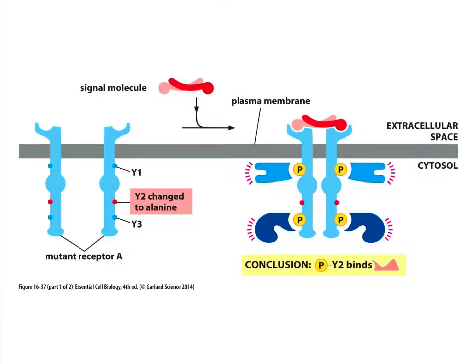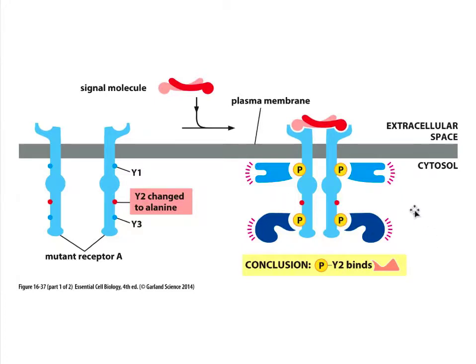Very simple scientific experiments were conducted to deduce which parts of the receptor is responsible for binding to which part of the cascade. So in this case, we have three regions, Y1, Y2, and Y3. And through experimentation, if the amino acid sequence of the receptor at Y2 was changed to alanine, for instance, then it would prevent the binding of the pink protein to those locations.